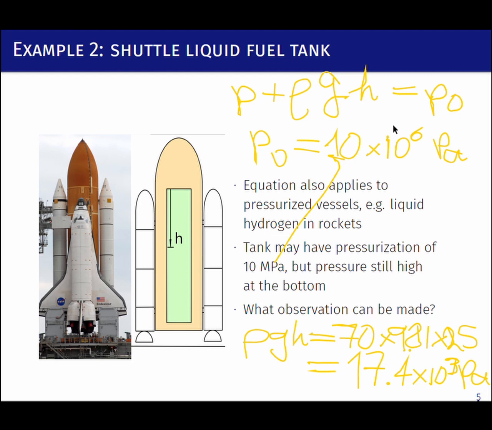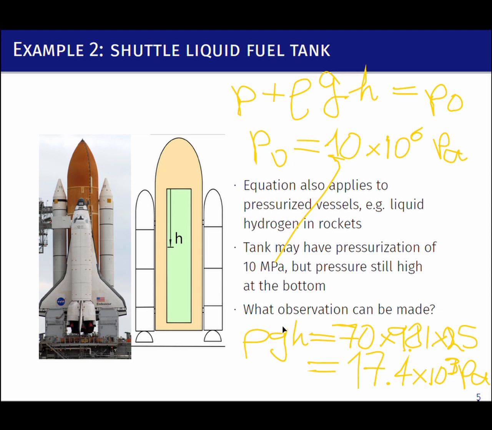If we lay out the hydrostatic equation at the top, P plus rho gh equals P naught, we establish that the tank is pressurized, so P naught equals 10 times 10 to the 6 pascals, i.e. 10 megapascals. What we're really looking for is the size of the rho gh term.